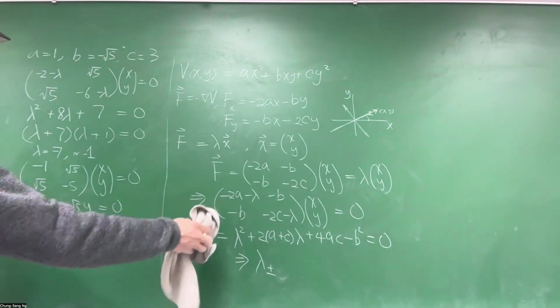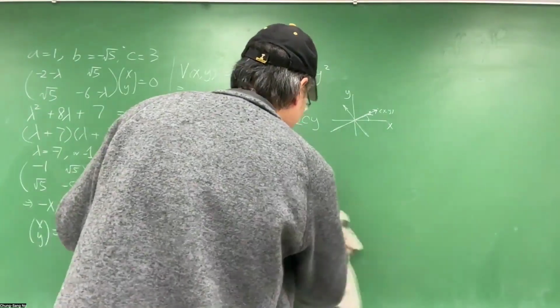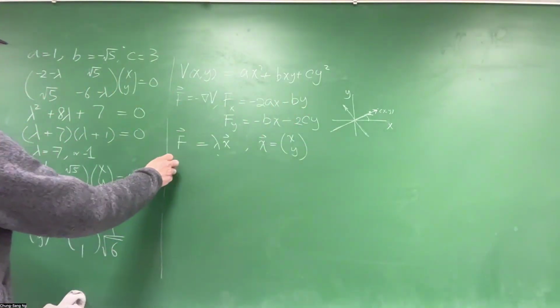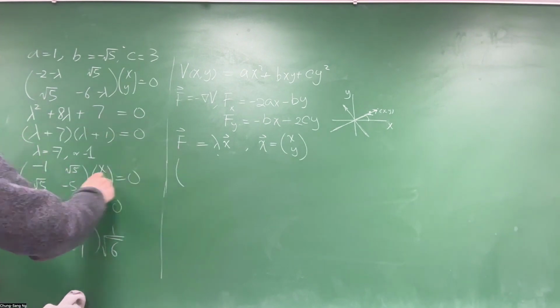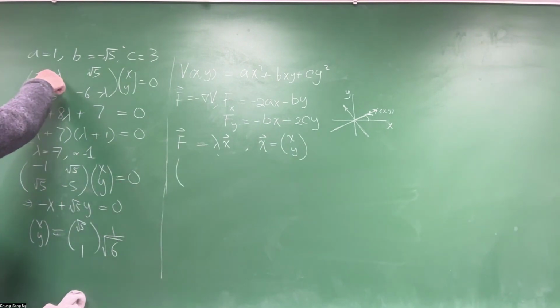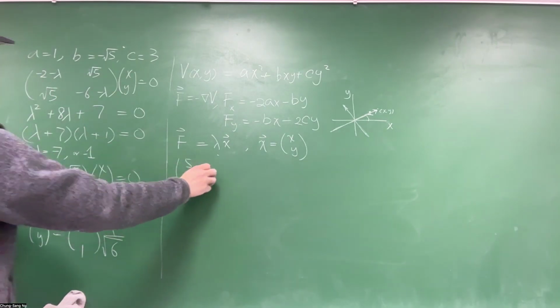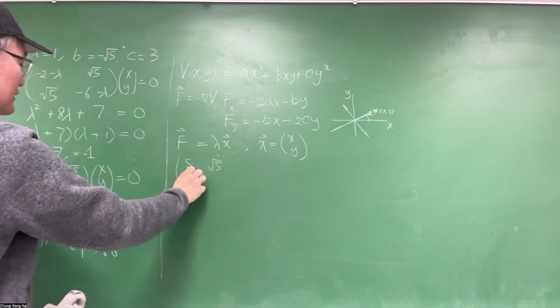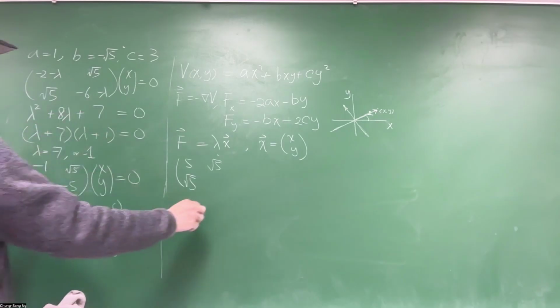I guess we already used that, so that's fine. So, well, for -7, this is 7 minus 2, which is 5. Then this is square root of 5, square root of 5, and 7 minus 6 is 1.